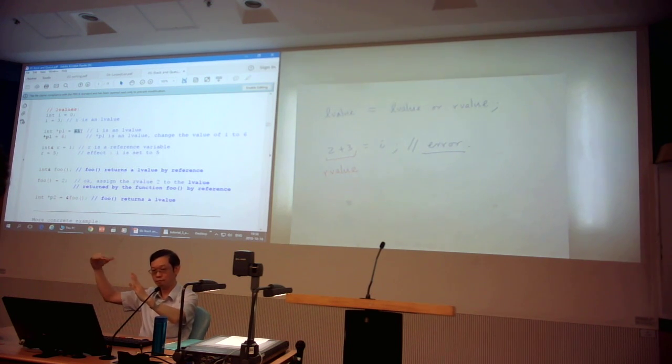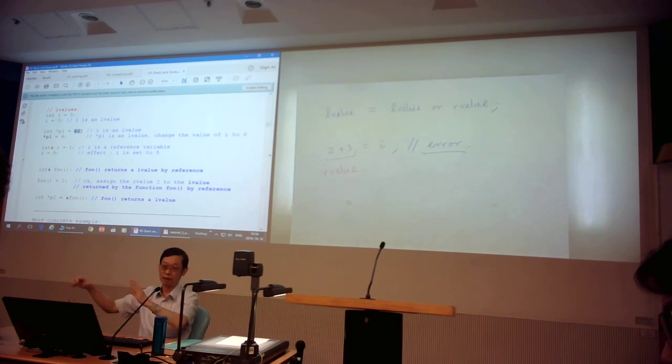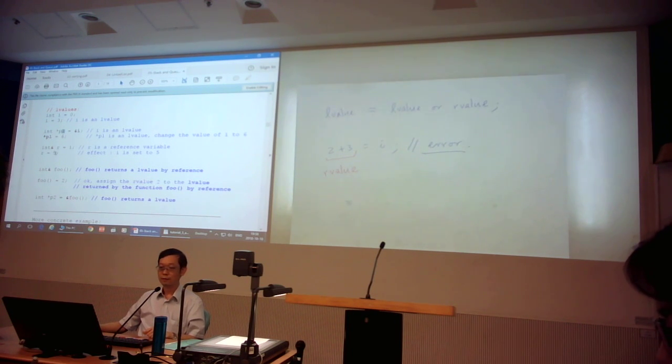So that object remains after this operator. We get the address of the variable I and put it into P1. Now, you can also define a reference variable that refers to an L value.